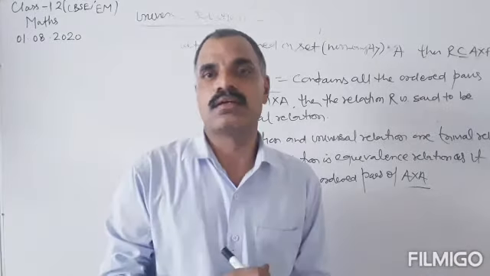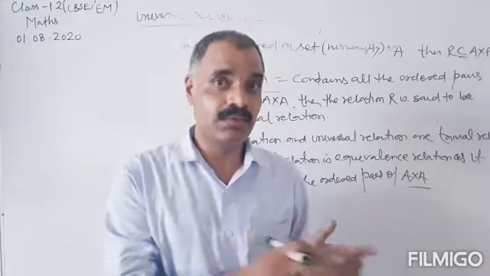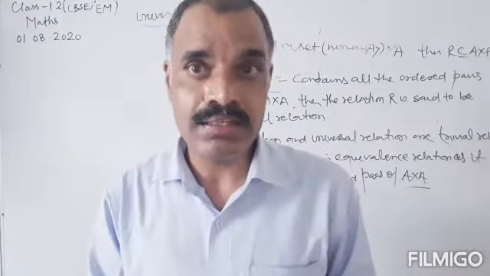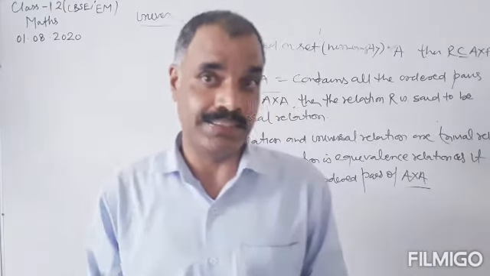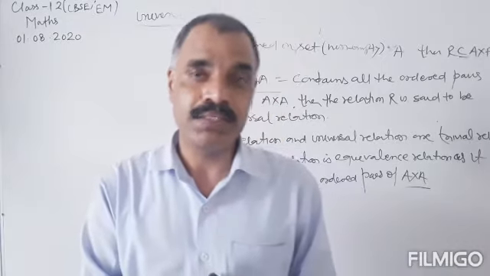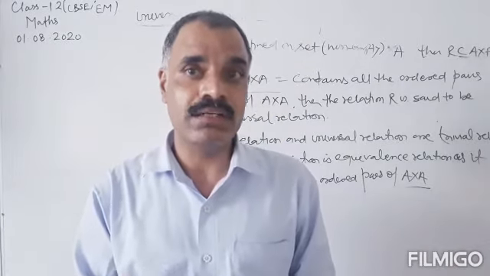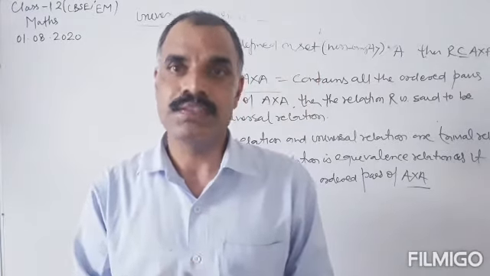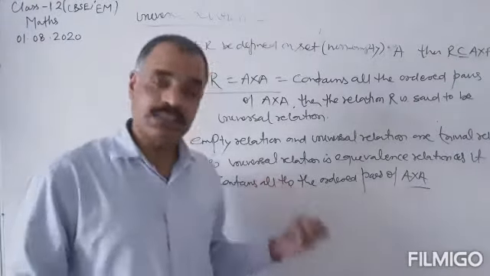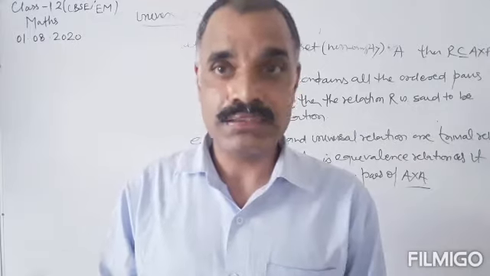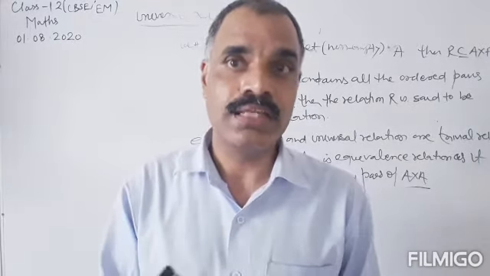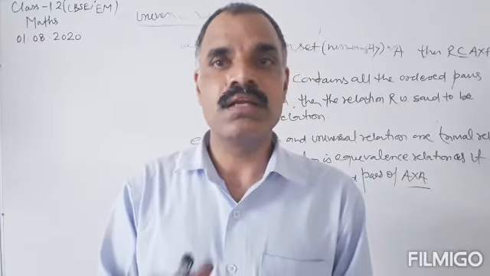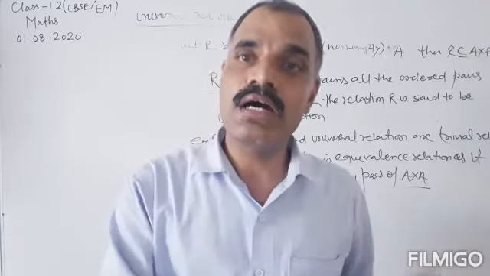Okay, now listen. Empty relation is the smallest equivalence relation when it is defined on a non-empty set, as empty relation is not an equivalence relation if it is defined on an empty set. But the universal relation is the largest, longest equivalence relation, as it contains all the elements.